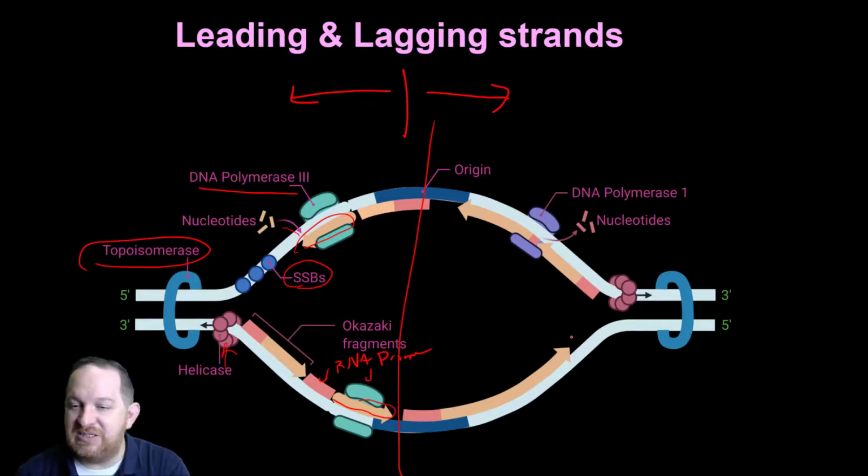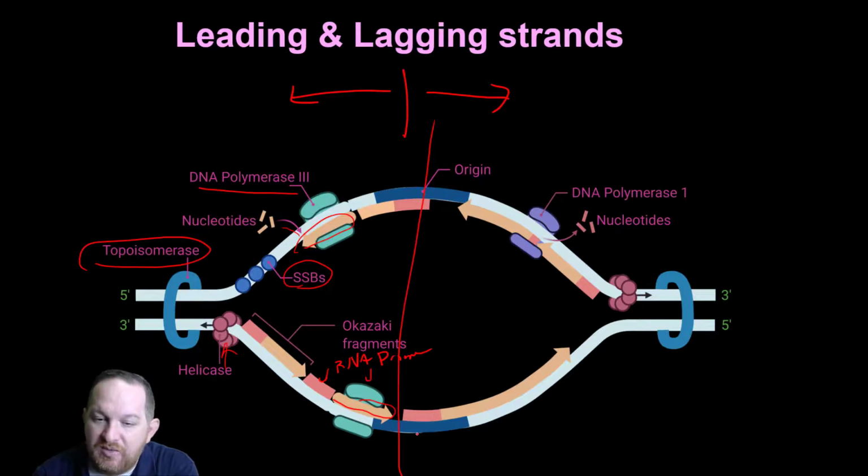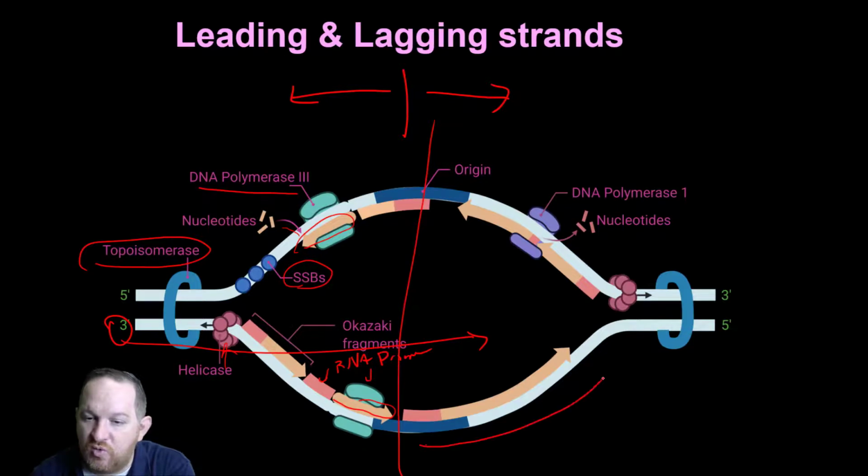But a few things to notice. Let's focus on this side since I wrote all over there. Notice how on this side, the DNA polymerase is reading in this direction. Because remember, DNA polymerase can only read from the 3' to the 5' direction. So in other words, it's reading in this direction.